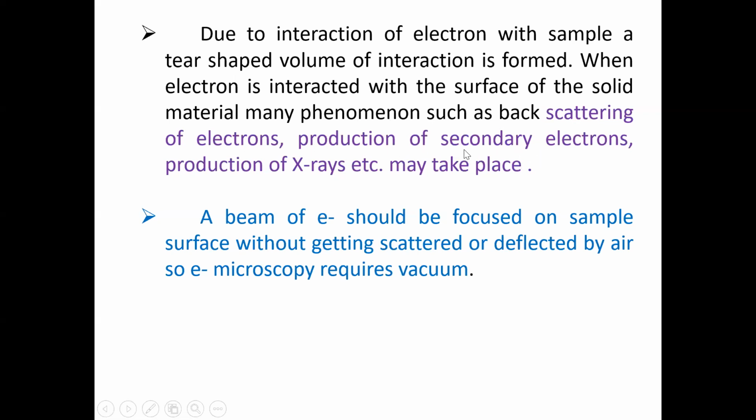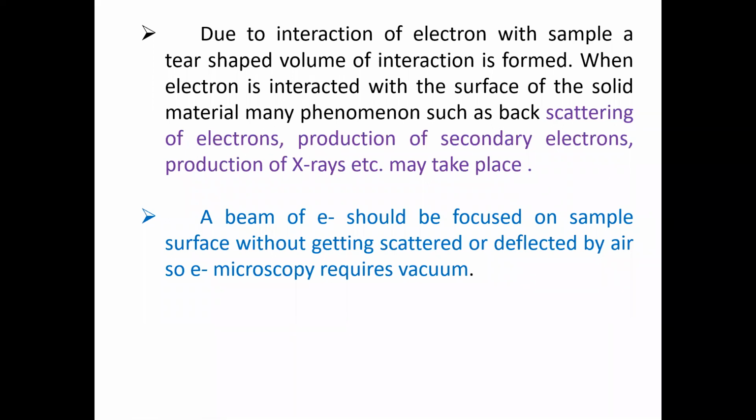This is very important, because these secondary electrons play an important role in our microscopy. And there is also production of X-rays. The beam of electrons should be focused on the sample surface without getting scattered or deflected by air.